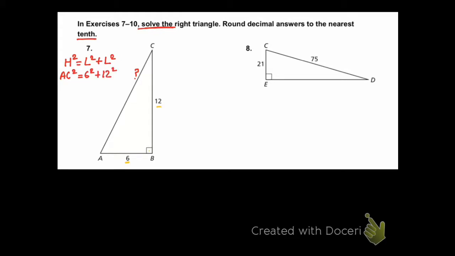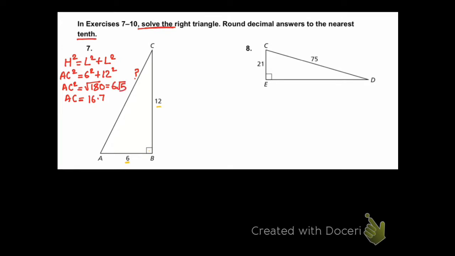When we simplify, I get AC is the square root of 180, which is roughly 16.7. But when you use this side AC, you are not supposed to use the rounded value, so better to give the value in radical form, that's 6 root 5.